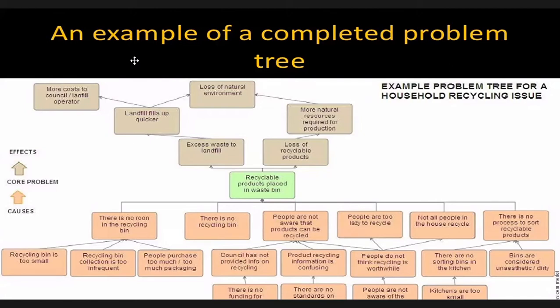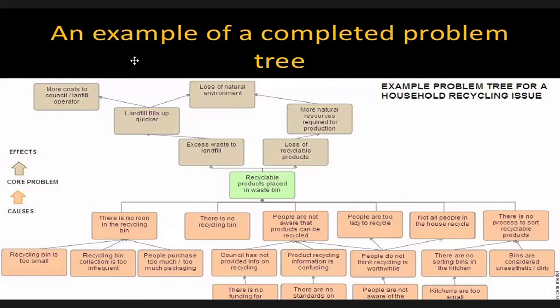So for example, in this problem tree, they would like to have recyclable products placed in the waste bin. So the core problem is they just want to have the recyclable products placed in it. So why? What are the immediate causes that the recyclable products are not placed in the waste bin?